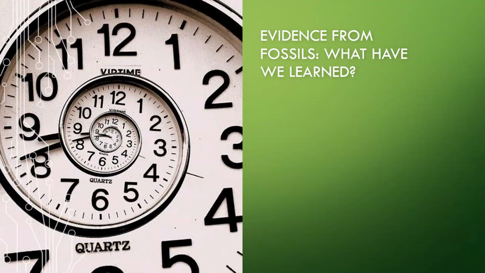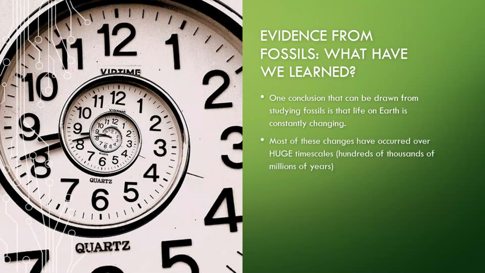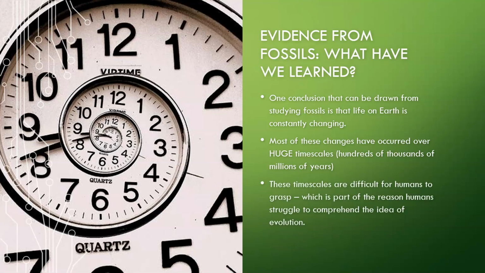So we've seen this evolution, we've seen this change in organisms. One conclusion that can be drawn from the study of fossils is that life on Earth is constantly changing. Most of these changes have occurred over huge timescales, hundreds of thousands of millions of years. These timescales are difficult for humans to grasp, which is part of the reason humans struggle to comprehend the idea of evolution.